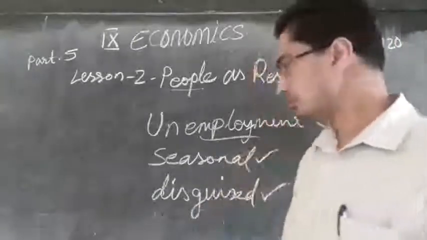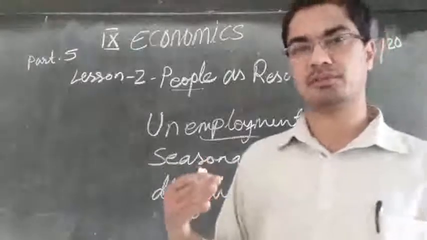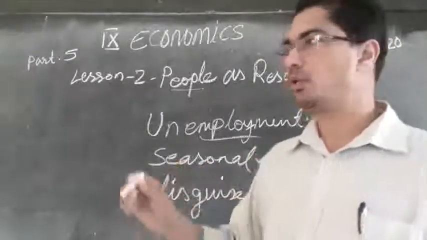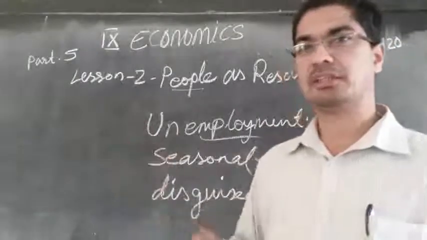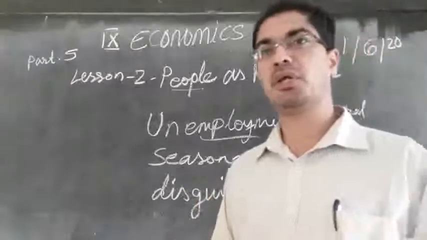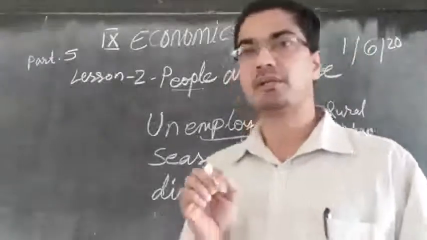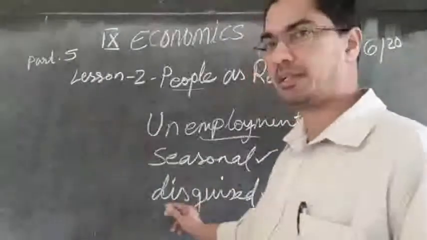And that means they are apparently employed, or people who are looking at them, they say, oh, this person is working every day, he has got work. But it is disguise, it is not in real. It is appearing to be having employment, but in reality they do not have job. That is the meaning of disguise.